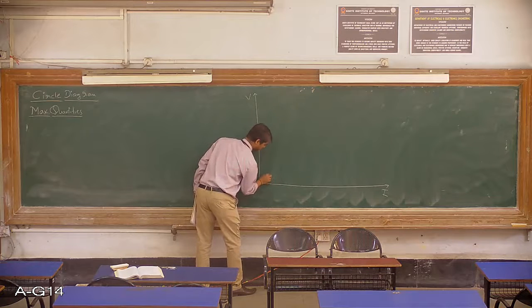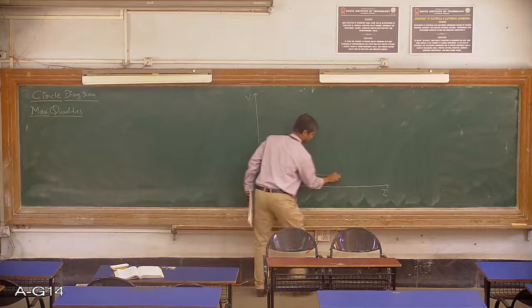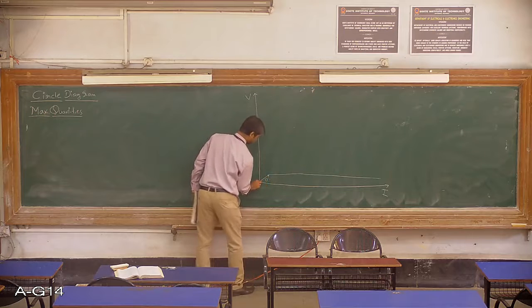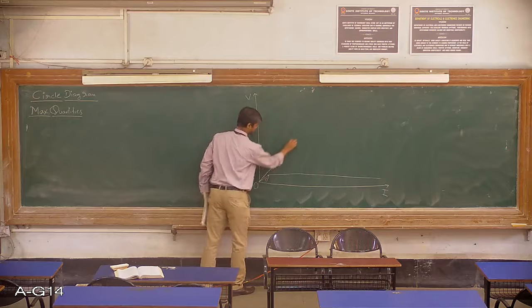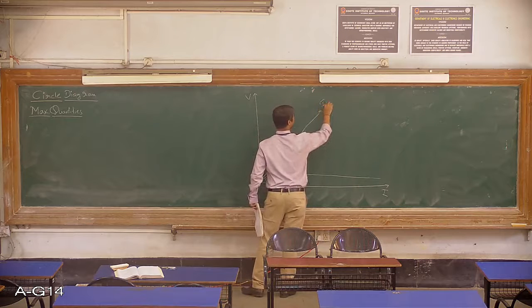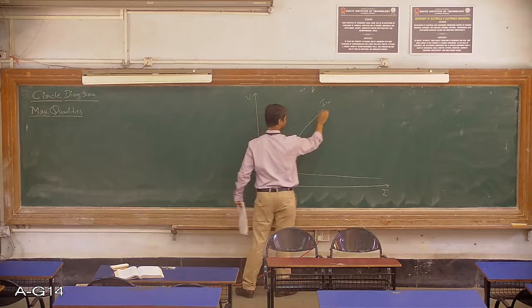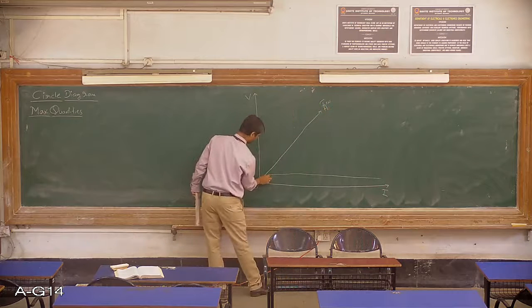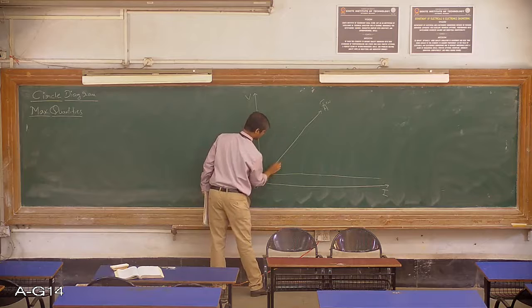From here we'll draw a horizontal axis. Now from this point we'll draw the ISN, and I'll name this point as point A. Now join O dash A.